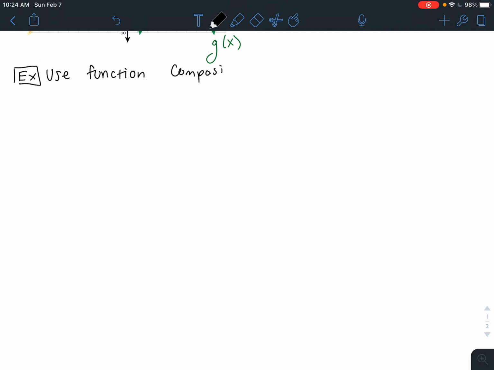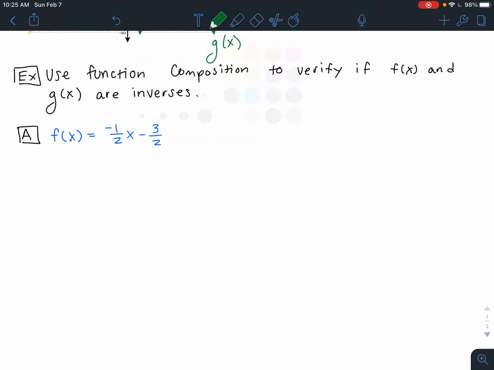So for example, I'll call this example A. We're going to let f of x equal negative 1/2 x minus 3/2. And we'll let g of x equal negative 2x minus 3.